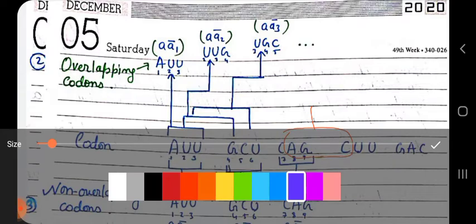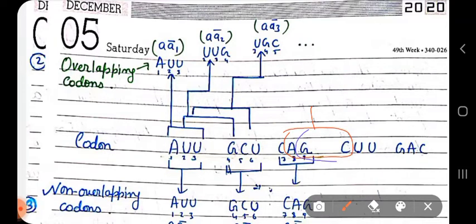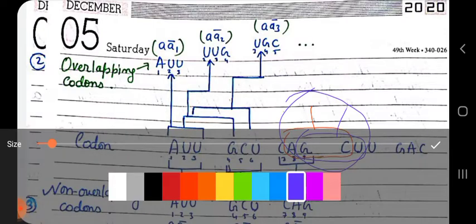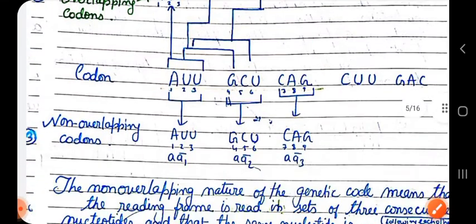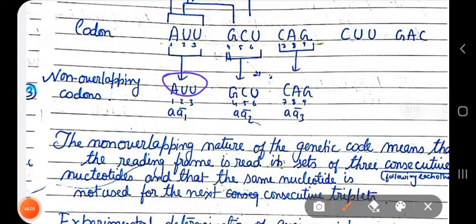Then another, GCU, coding for yet another amino acid. In this way overlapping sequences can be described, but codons are non-overlapping. That means each codon codes for a particular amino acid, and once the nucleotides are incorporated for that particular codon, those nucleotides will not be used for the next codon.